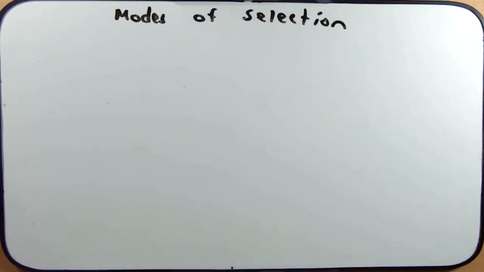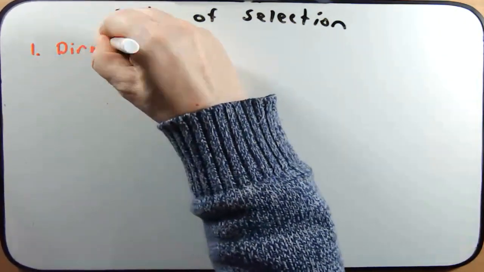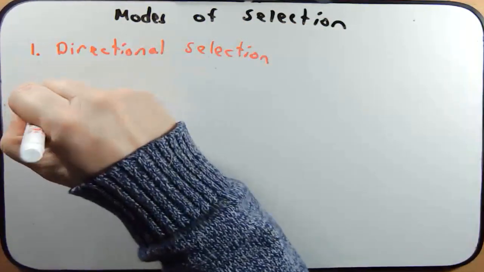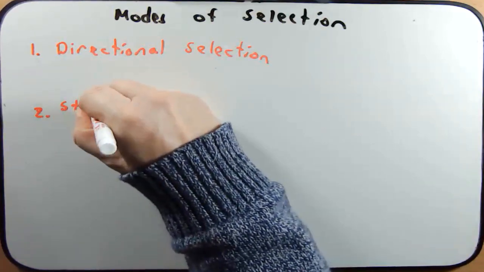Okay, let's go ahead and move on to the next objective, and that is to discuss modes of selection and how that affects genetic variation and genetic stability in a population. When we think about these modes, there are 4 that we need to consider. The first is directional selection. The second is stabilizing selection.